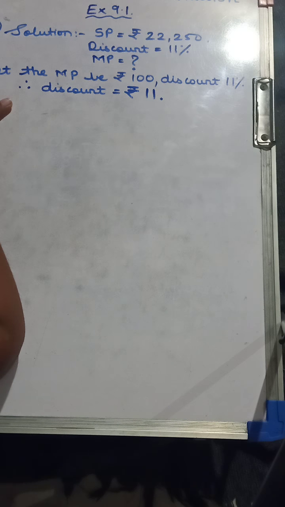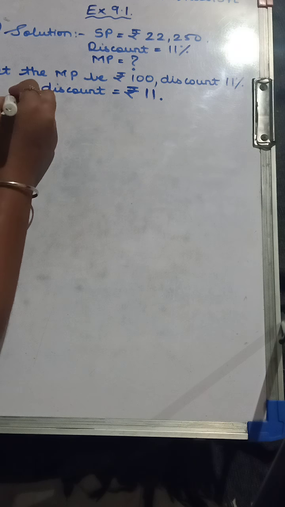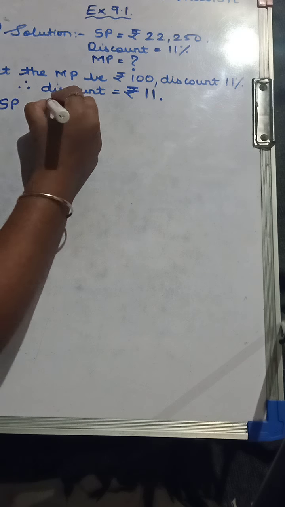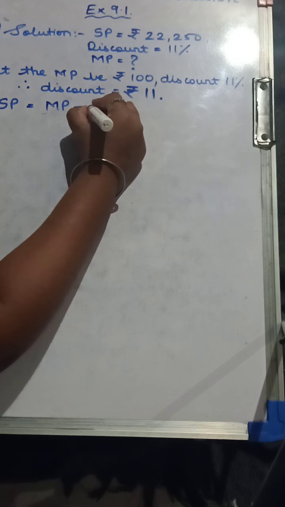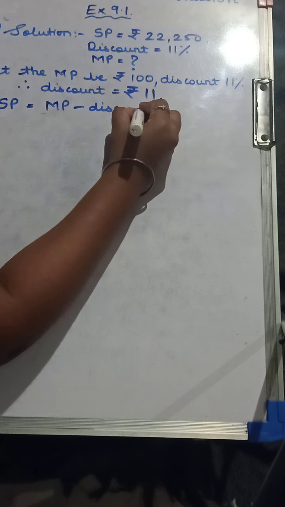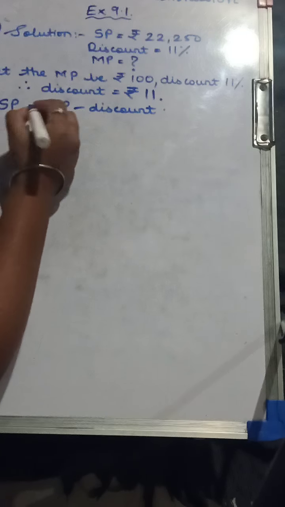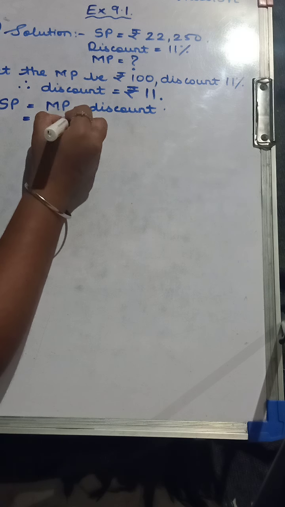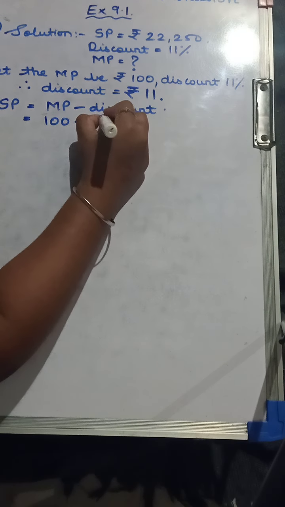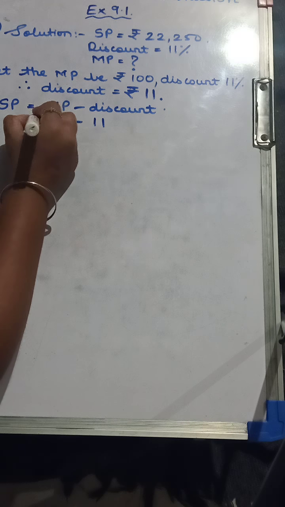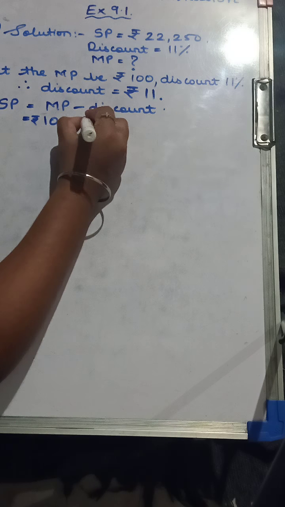Now, with the help of discount and marked price, we are going to find the selling price. So our selling price is equal to marked price minus discount. How much is the selling price? Marked price is 100, and a discount is rupees 11. So here you will write rupees 100 minus rupees 11.